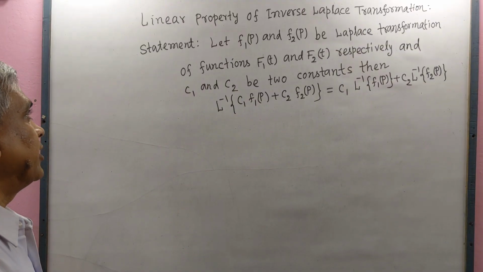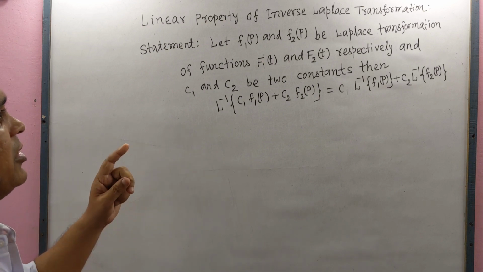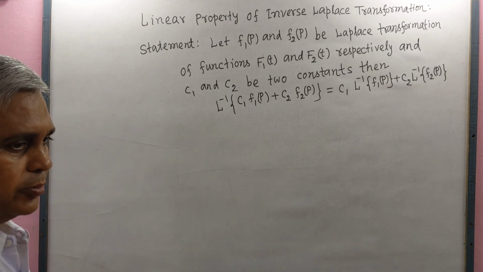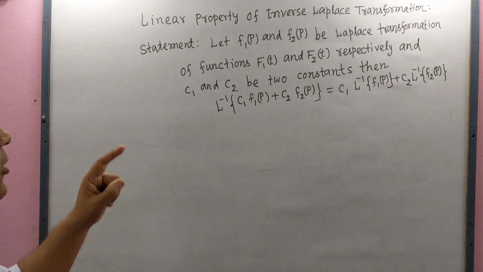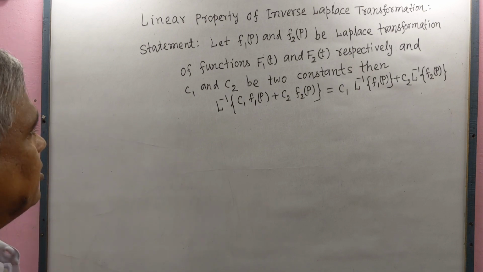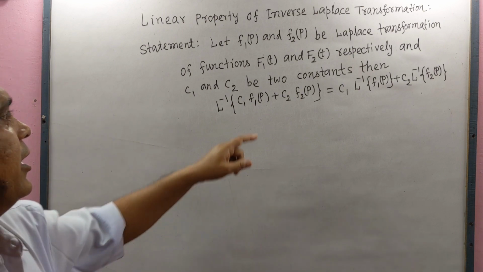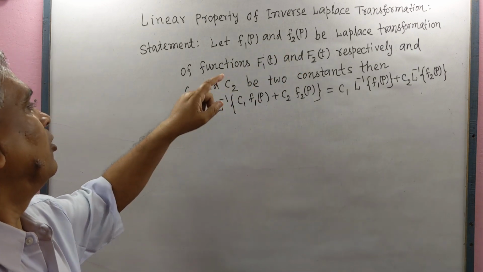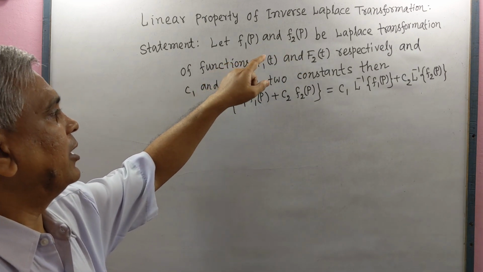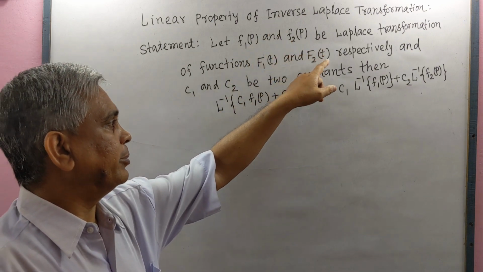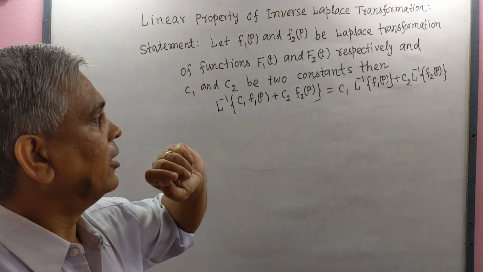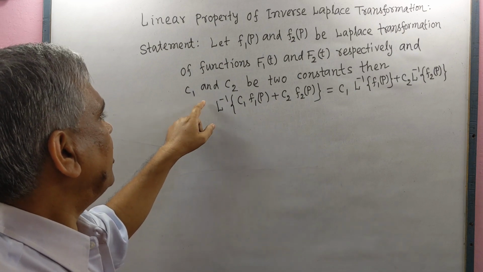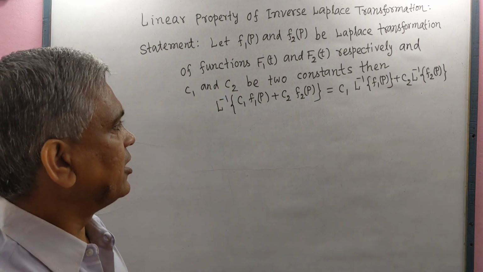Now we shall show that inverse Laplace transformation is a linear transformation. That is the linear property of the inverse Laplace transformation. Statement: let f1(p) and f2(p) be Laplace transformations of functions F1(t) and F2(t) respectively, and C1, C2 be two constants.